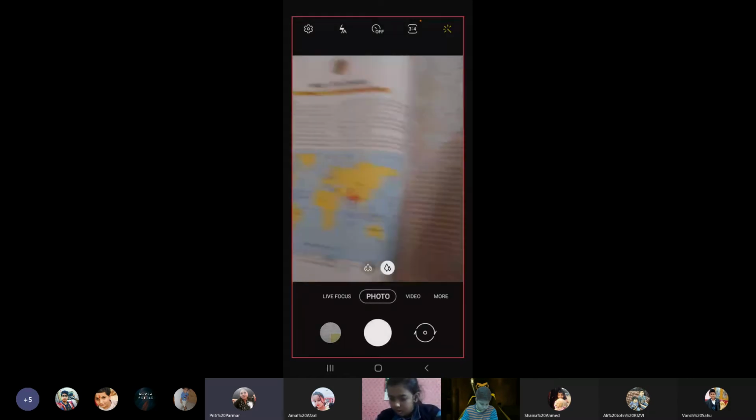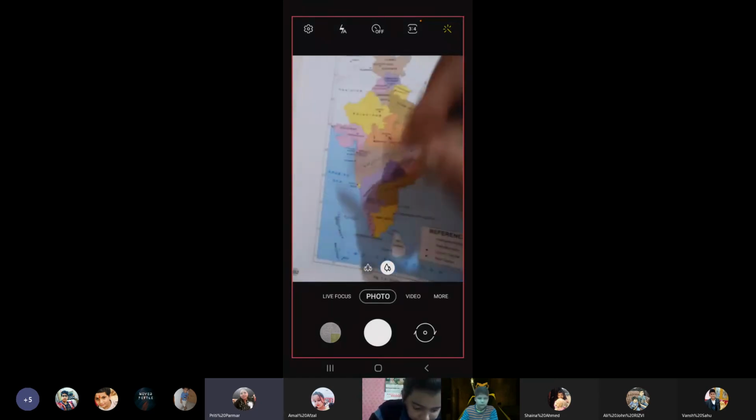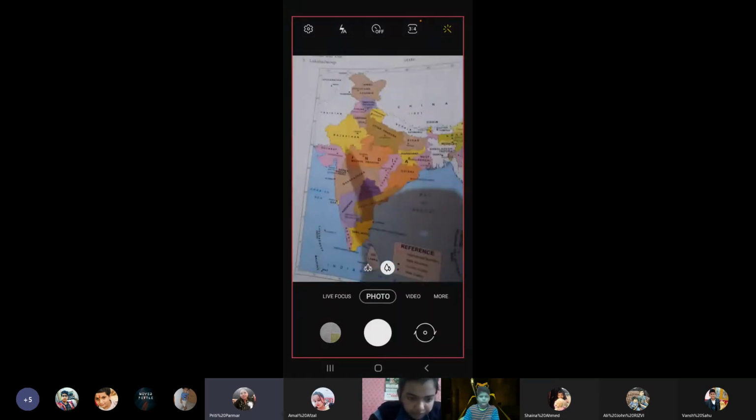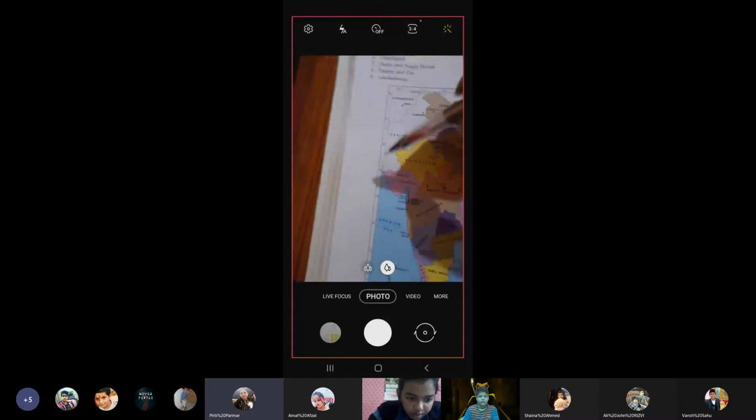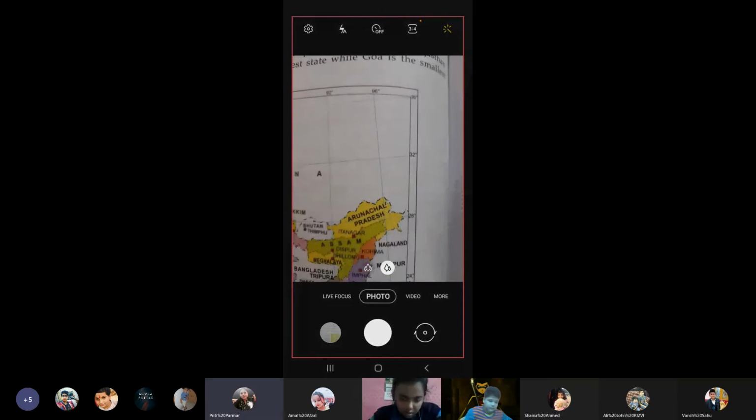Now longitudinal and latitudinal, the latitudinal we saw. Now we'll see the longitudinal, the long lines. So from here you can see 65 degrees east till this place here. Can you see it?